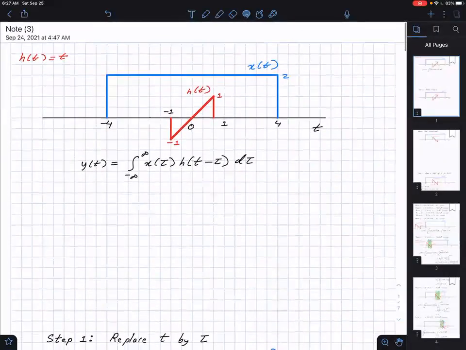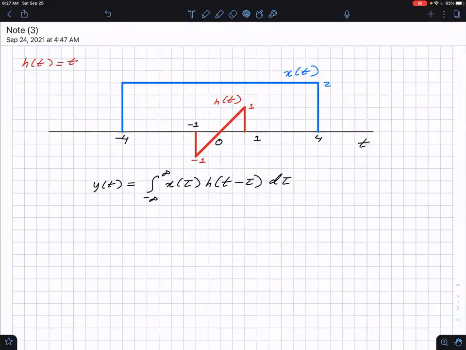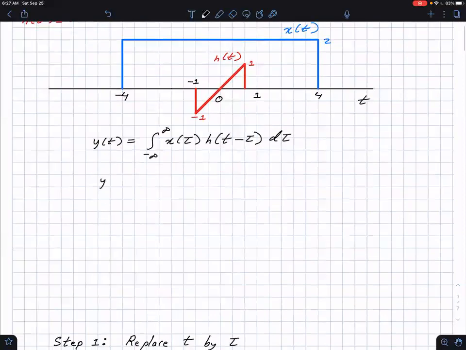So this is the graph we had in the beginning. And in some cases, it is easier to consider the other option. Since convolution is commutative, we could also have h of tau x of t minus tau d tau.